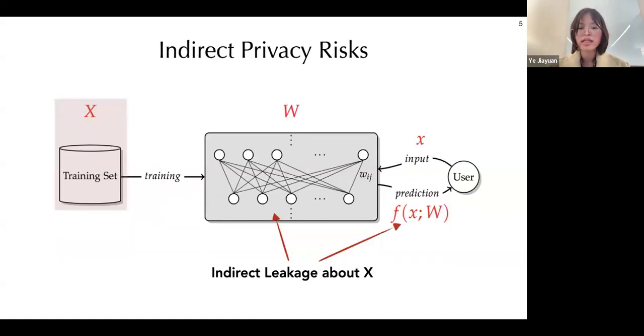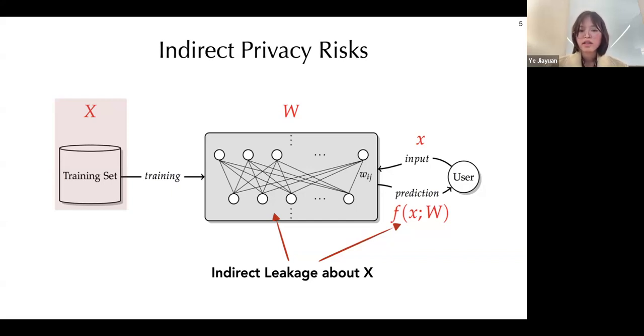What we are focusing on today is another kind of indirect privacy risk. By indirect, we mean that the user could access either the weights of the trained model or predictions made by the trained model, which are not directly the sensitive training data, or the queried data X, but they are a function of the training data or prediction data.